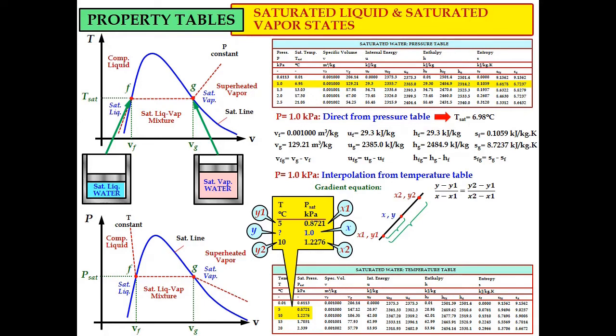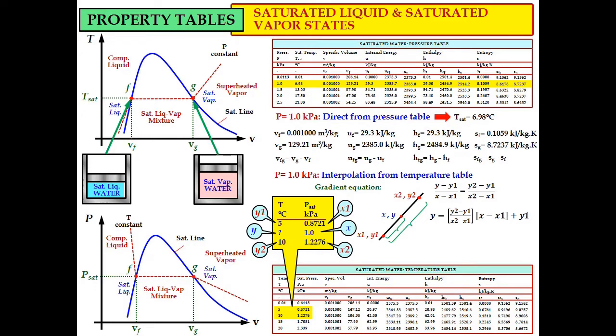So we have y minus y1 divided by x minus x1 equal to y2 minus y1 divided by x2 minus x1. In order to determine the T saturated value for pressure 1.0 kilopascal, which is the value of y, we need to rearrange the equation. So you get y equal to y2 minus y1 divided by x2 minus x1, multiplied by x minus x1, plus y1.